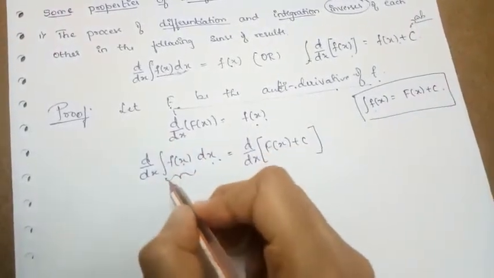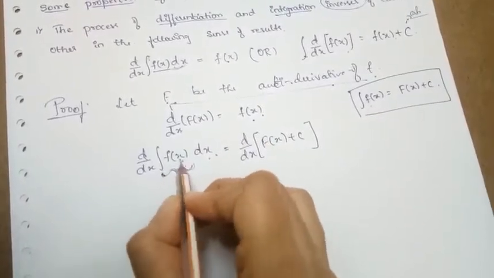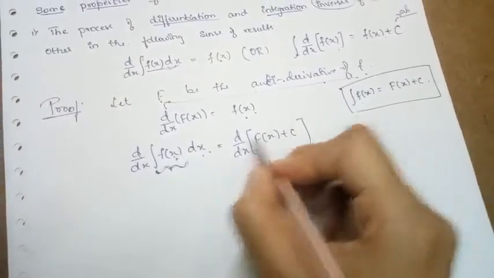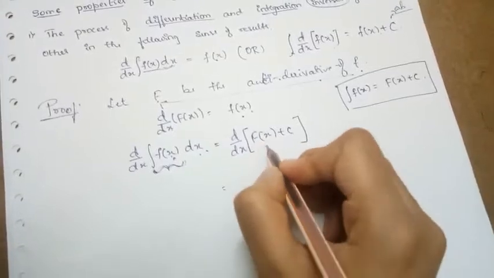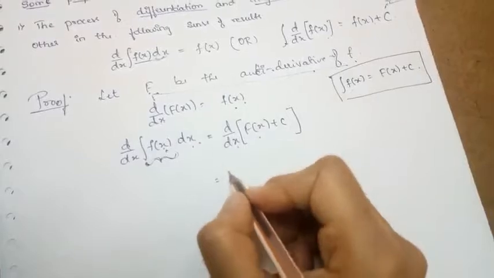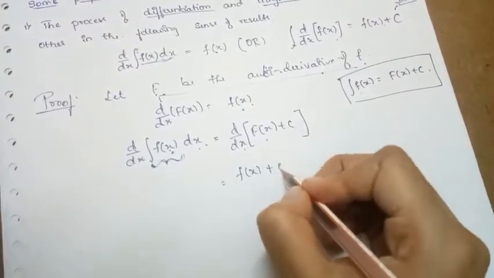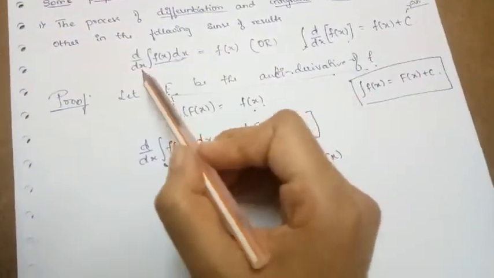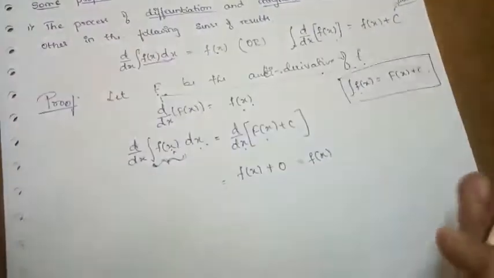I have done first the thing within the bracket: for integrating, first I integrated f of x, so the integration of f of x is F of x plus c. The differentiation is kept as it is. Now if I differentiate this F of x, the differentiation of F of x is small f of x, plus the differentiation of any constant is 0. So it implies f of x. So by differentiating and integrating any function, we get that function itself.